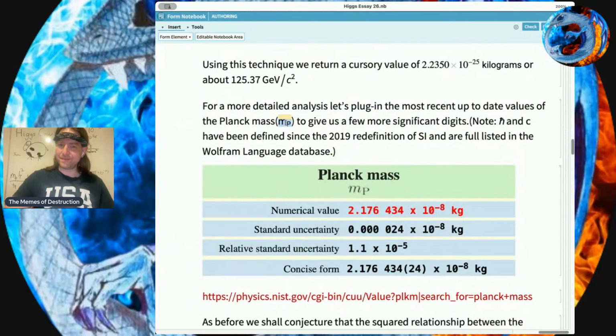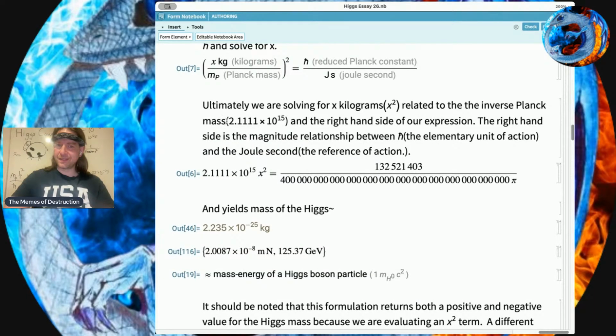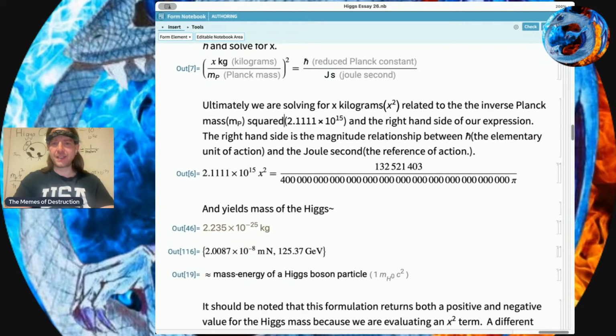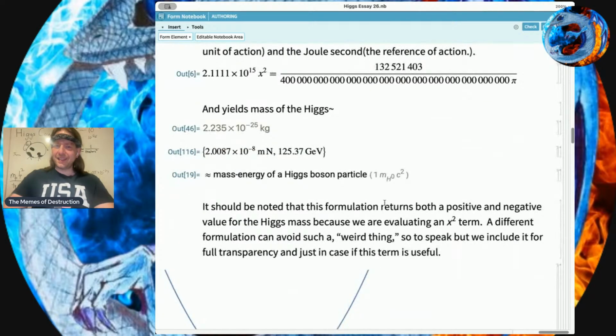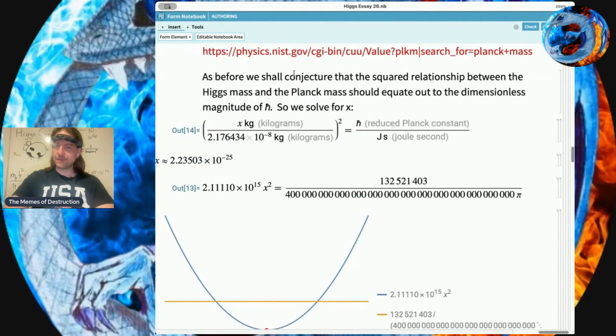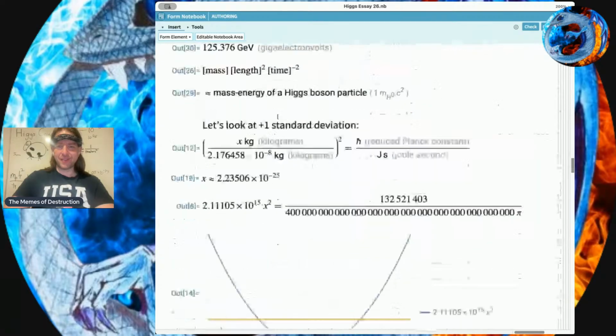Oh, here we go, M sub P. Here to the inverse Planck mass squared. Okay, so the mass M sub P should also probably have, okay, we'll worry about that more later.